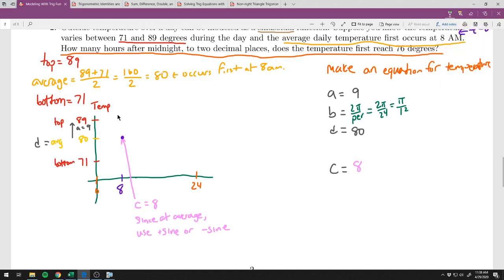Think about what's happening at 8 a.m. Is it going to get warmer or cooler during the day? Just pick a normal day, not a day with very weird weather. Think about the temperature in the summer. We start off kind of cool in the morning, and then it goes up and up and up. So it's got to be increasing at 8 a.m. That's why we're going to use positive sine. The temperature is going to go up at 8 a.m.